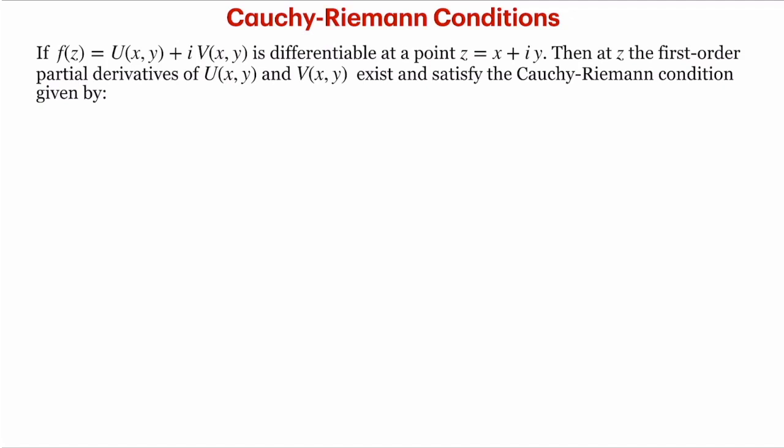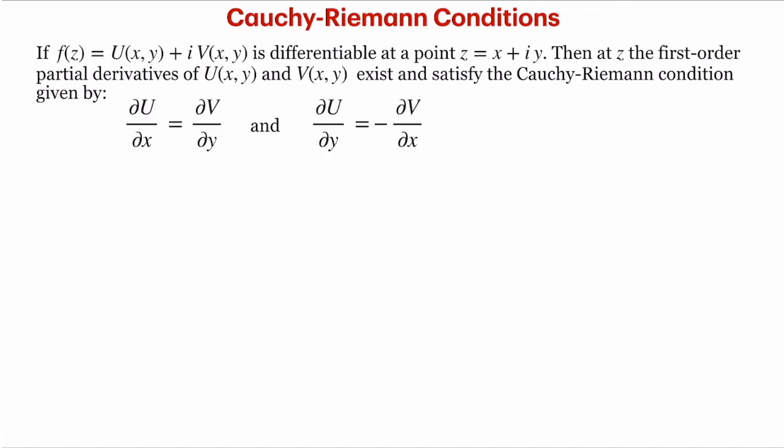Then at z, the first order partial derivatives of u of x y and v of x y exist and satisfy the Cauchy Riemann condition, given by partial derivative of u with respect to x must be equal to partial derivative of v with respect to y, and partial derivative of u with respect to y must be equal to minus 1 times partial derivative of v with respect to x.